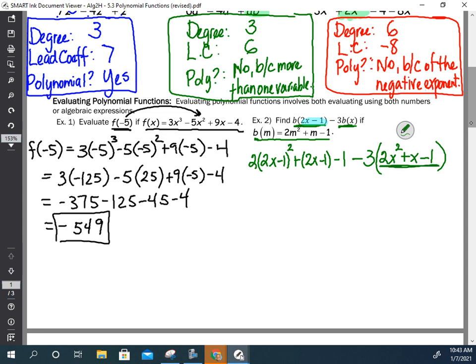So this part says 3, which I have, times b of x. So the original variable was m. They're saying plug in an x. So you need to take x and plug it in everywhere you see the letter m. That's where this part came from.